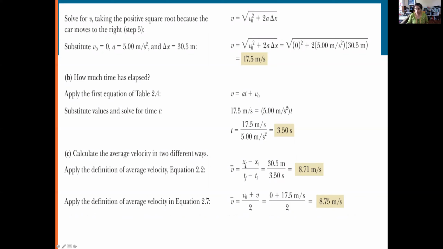So delta x over delta t, open out delta x as xf minus xi, delta t as tf minus ti, t initial is 0, t final is the 3.5 seconds that you just got, right? The initial position is 0, because that's where we're setting our origin. The final position is at 30.5 meters. So we just need to divide one by the other, and that gives us 8.71 meters per second.